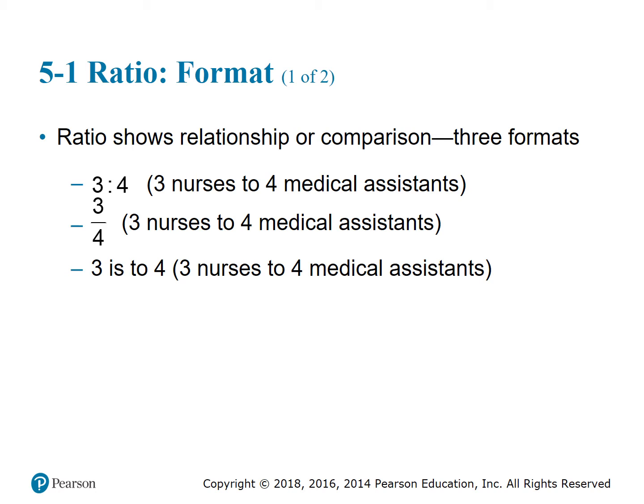We can also write this in several formats. So the first one, when we are comparing the ratio of nurses to medical assistants, we can write it 3 with a colon and then a 4, or we can write it as a fraction, 3 over 4, or we can also write 3 is to 4. 3 nurses to 4 medical assistants.